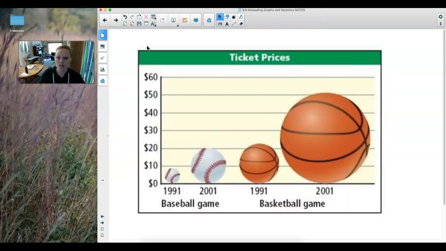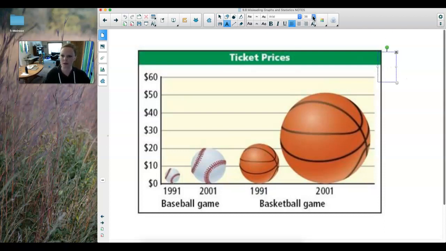Okay, here's another graph. Ticket prices for a baseball game and a basketball game. A couple misleading things about this. First of all, when you use pictures, we're going to say that the pictures distort the data.